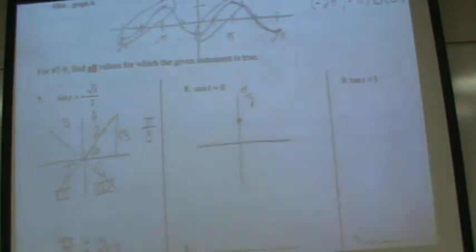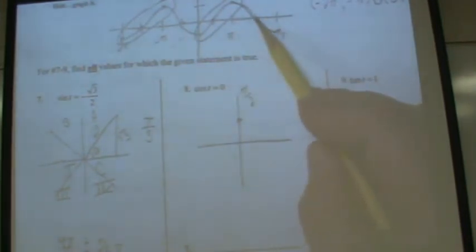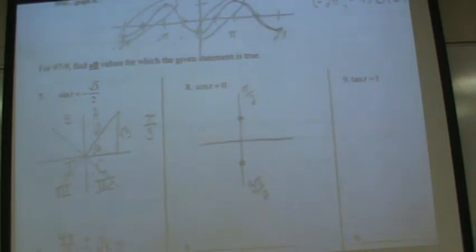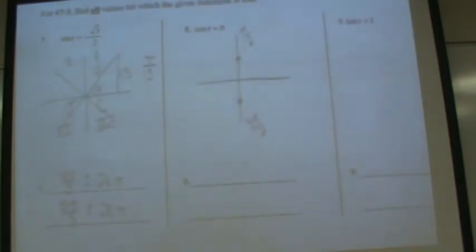So it hits at pi over 2, and then it's going to hit again at 3 pi over 2, which is down here. So for all values, we're looking at pi over 2 plus or minus 2k pi, and then 3 pi over 2 plus or minus 2k pi.